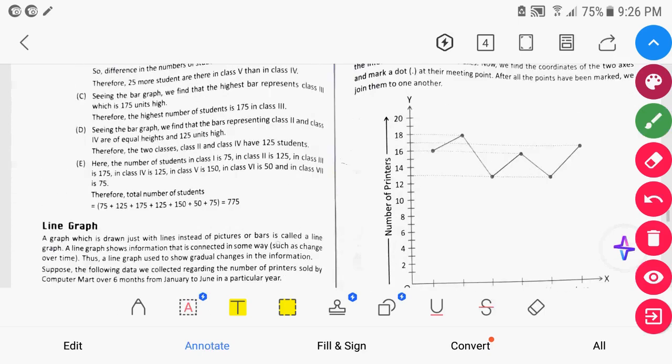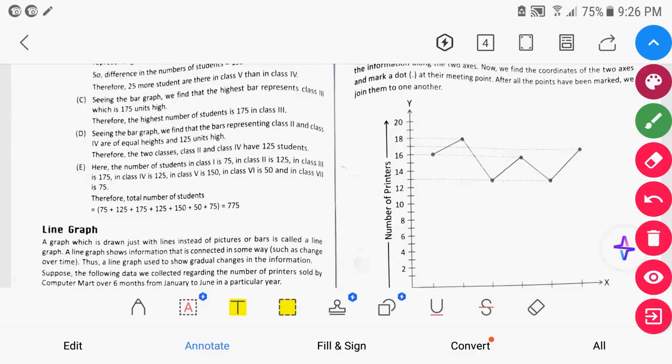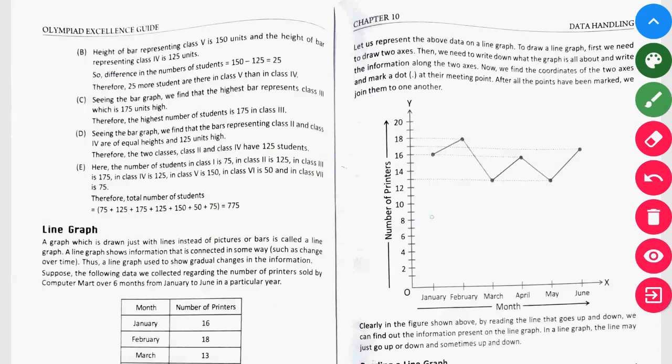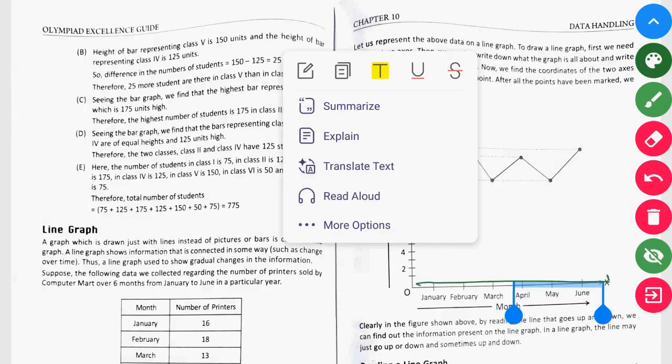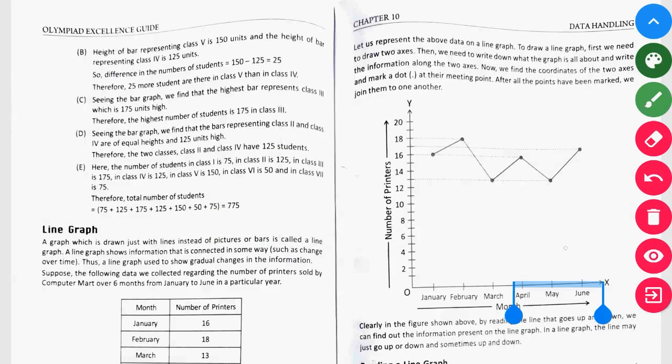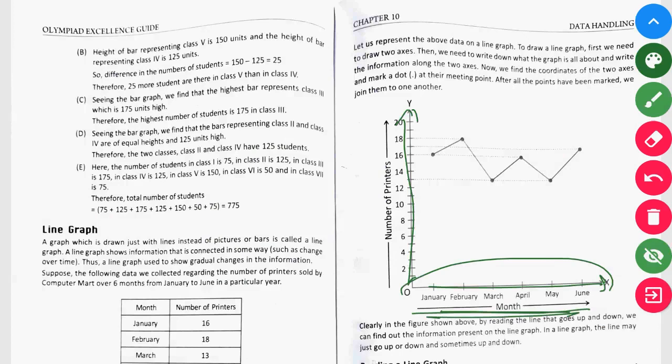Now, the line segment representing the data is known as a line graph. See, again the x-axis is there, the y-axis is there. The x-axis represents the months of the year and the y-axis represents the number of printers launched or sold in the month.